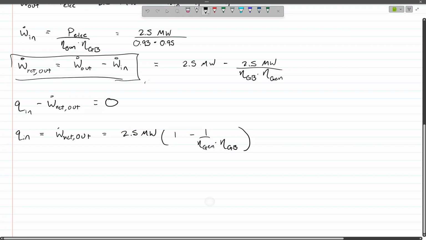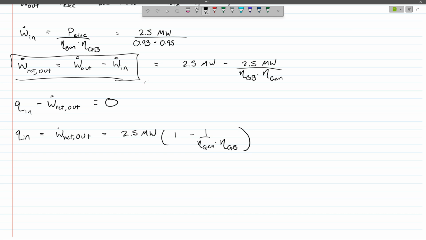Now, if we plug in these expressions, our 93 and 95%, or 95 and 93%, doesn't matter, we are going to end up with a cumulative rate of heat transfer that is 3.3 times 10 to the 5th watts.